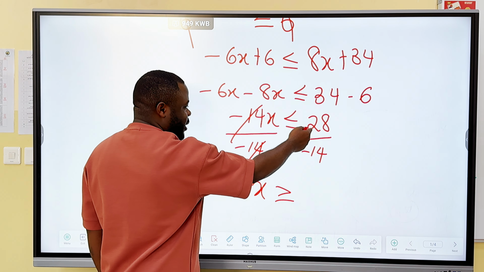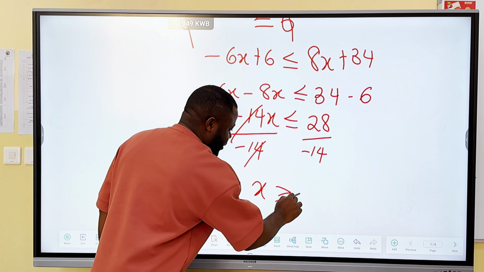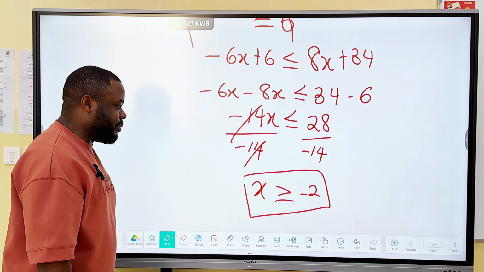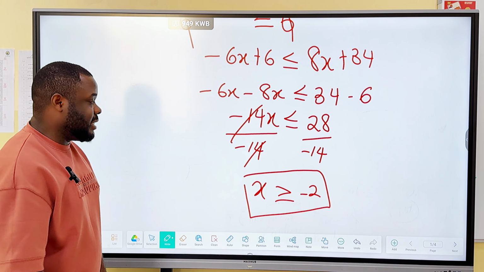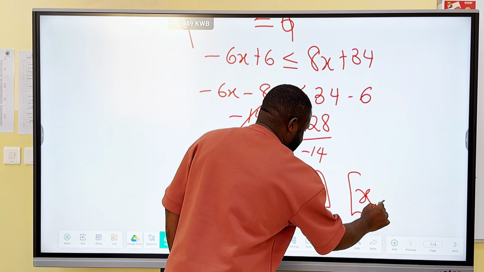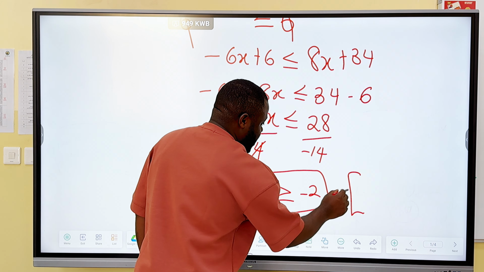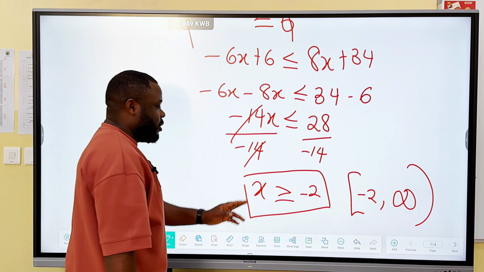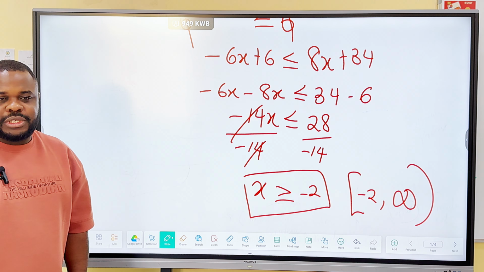Okay, so 28 divided by negative 14 will give you negative 2. These are the values of x. So if you want to write it in interval notation, you say negative 2 to positive infinity. So that is exactly what this means.